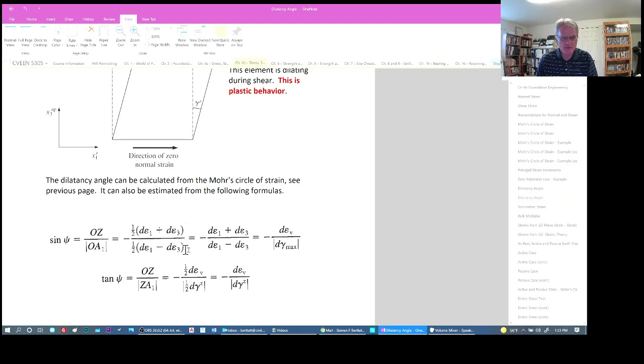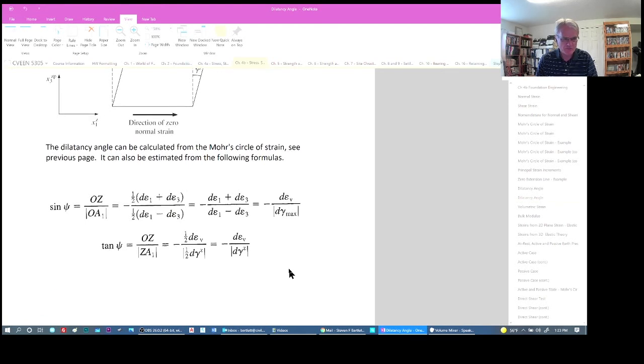And it can be estimated from the strains, as we see here. Or it can also be estimated from the maximum volumetric strain divided by the shear strain, though we have not defined volumetric strain yet, but I will do that in a minute.